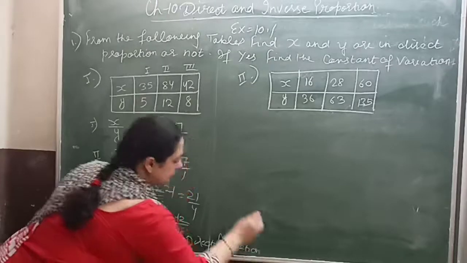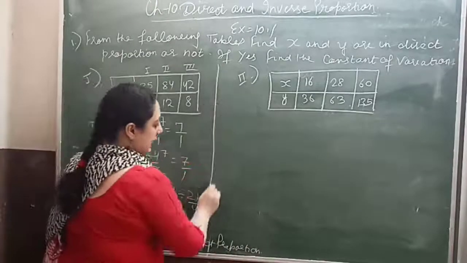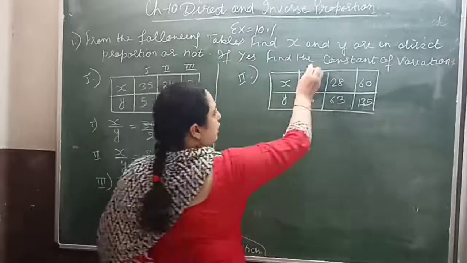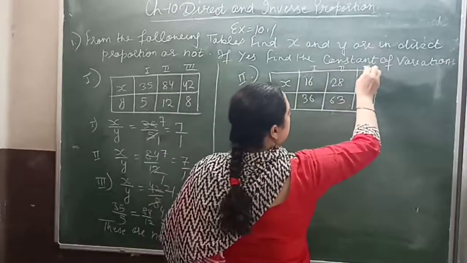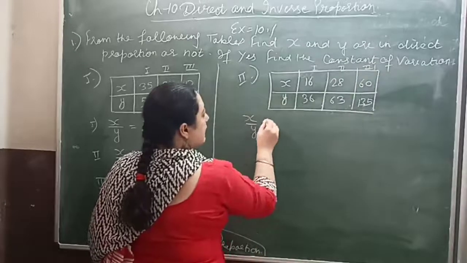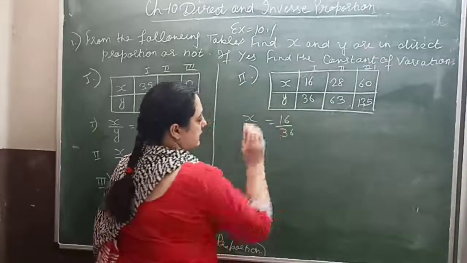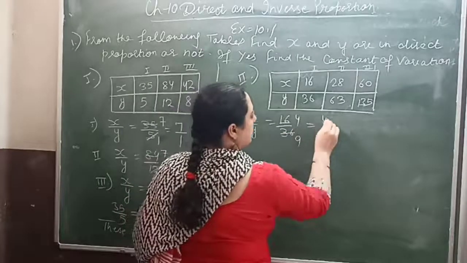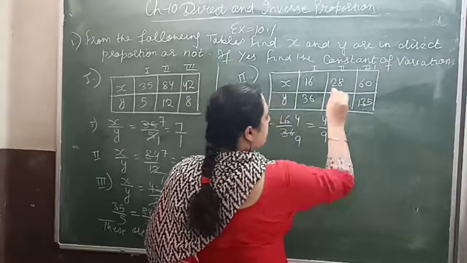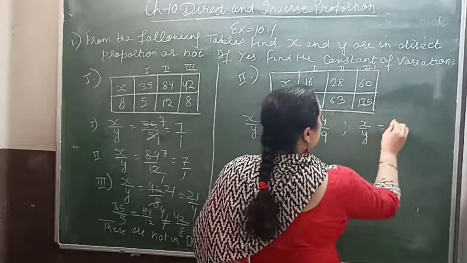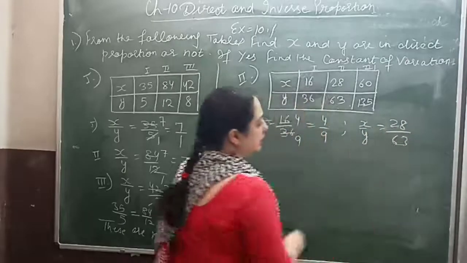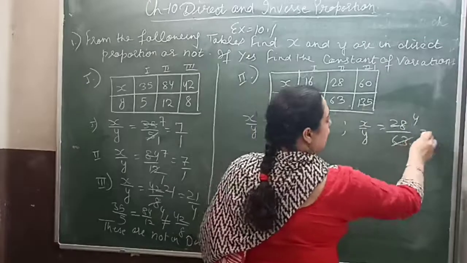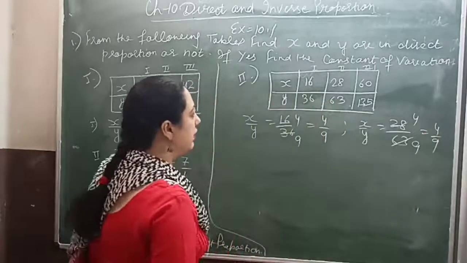In the second column, the ratio x over y is 84 over 12, and you know 12 ones are 12, 12 sevens are 84. It is again 7 over 1. But in the third column, x over y is 42 over 8. Now, when we convert it into the simplest ratio, we don't get the value 7. It goes in the table of 2: 2 fours are 8, 2 twenty-ones are 42.